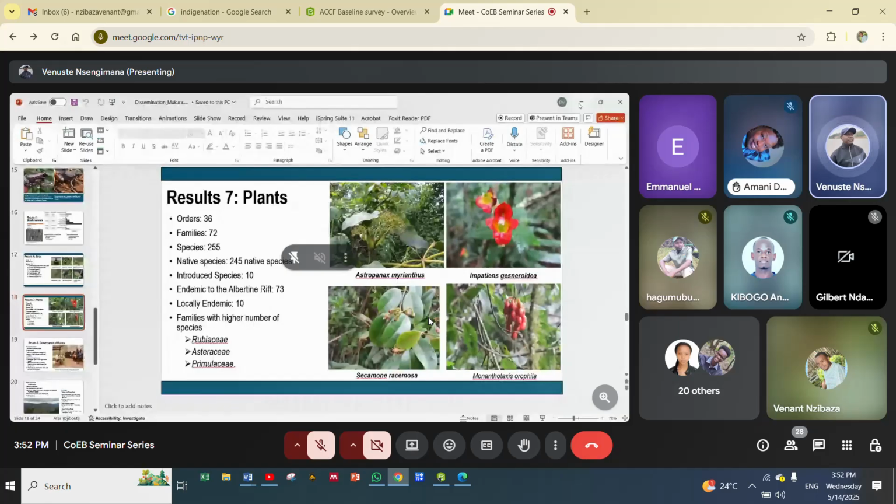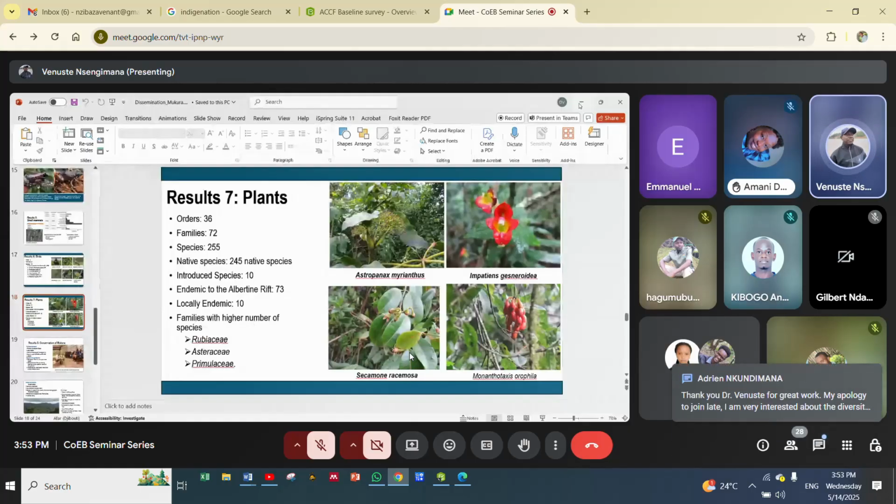We have talked about plants as you see on this shared screen, and our research was also about plants, and we got good results.